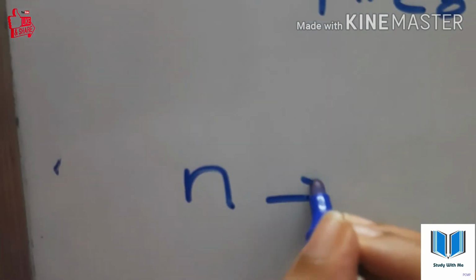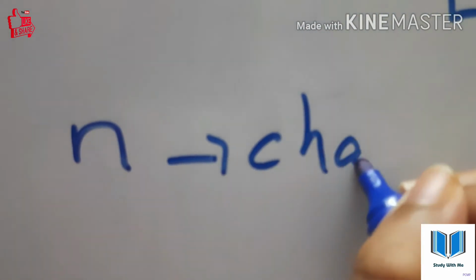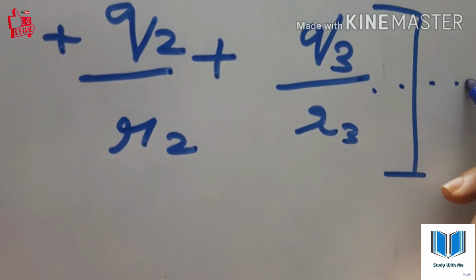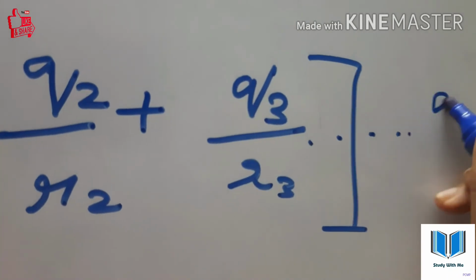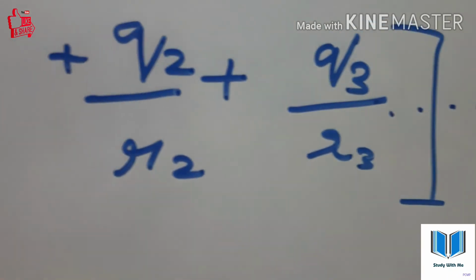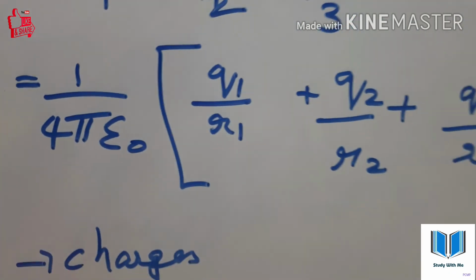If we have n number of charges, we have to extend this equation up to Qn by Rn. So this is the equation.